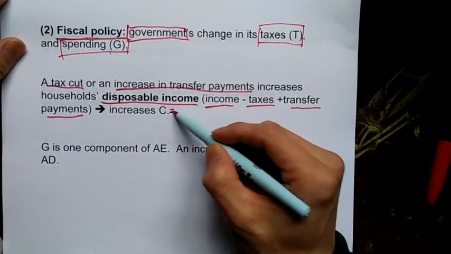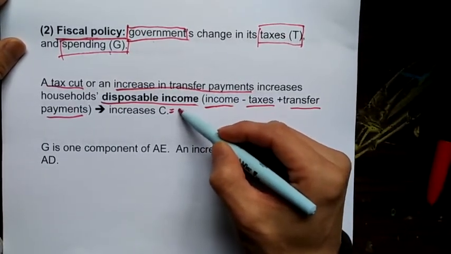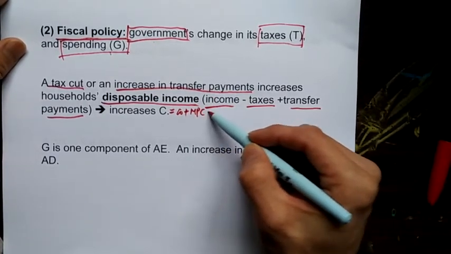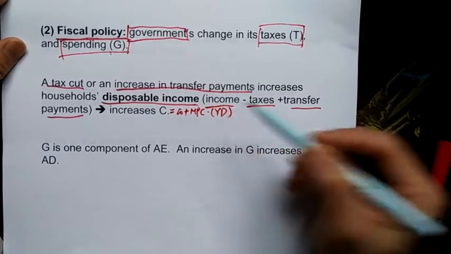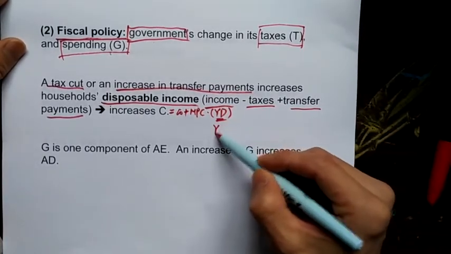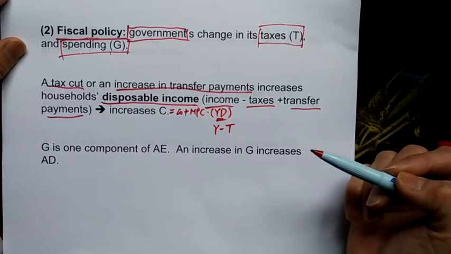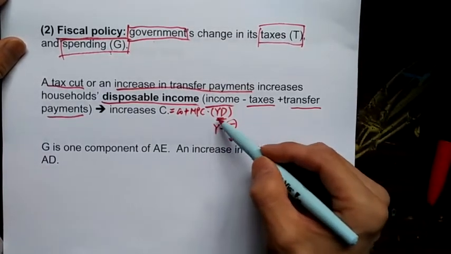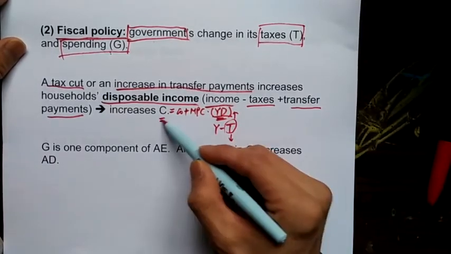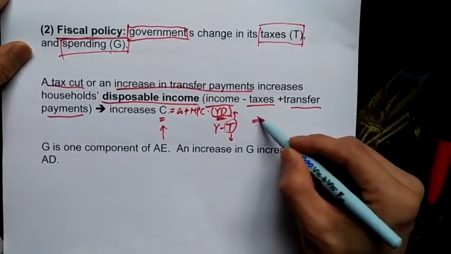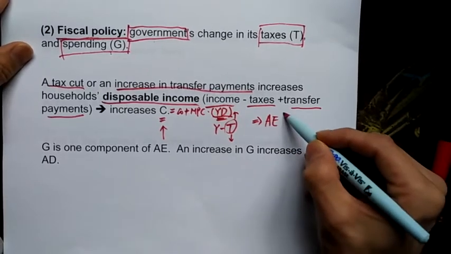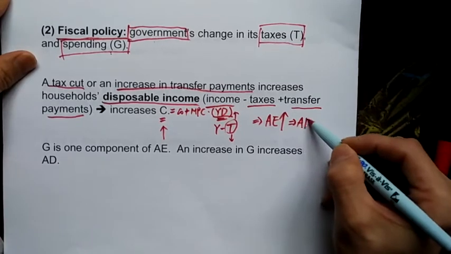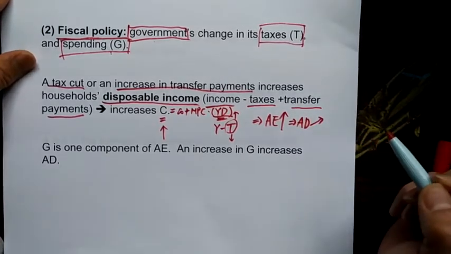And consumption is a function of disposable income, right? Therefore, when tax goes down, disposable income goes up. Therefore, consumption goes up. Therefore, aggregate expenditure increases. Therefore, aggregate demand shifts to the right.